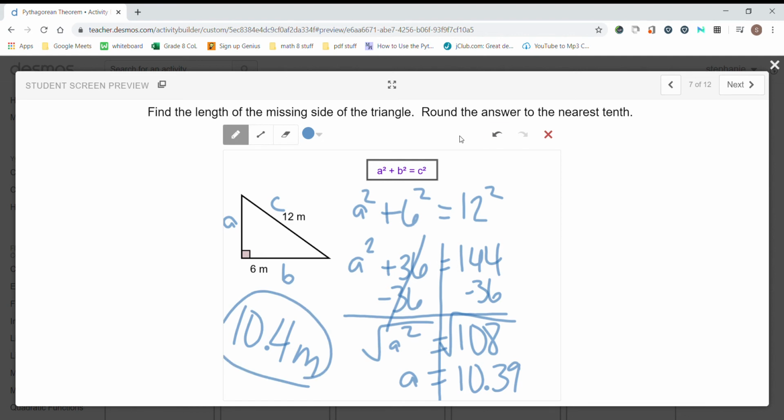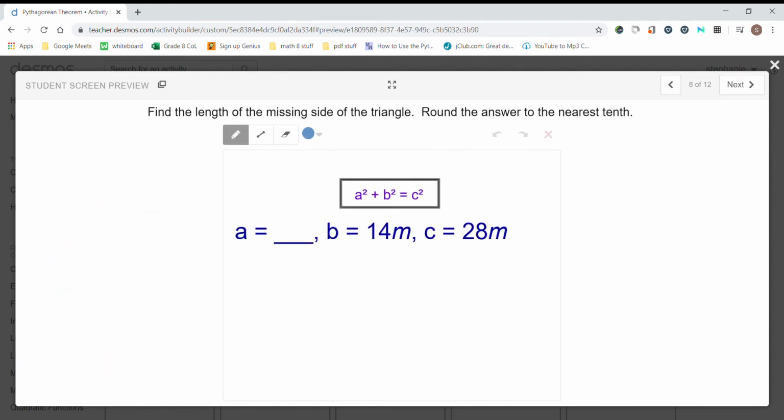We're going to practice a few more of those. So here I'm missing A again. So I'm going to have A squared plus, well, B is 14, so 14 squared equals 28 squared. 14 times 14, and I am using a calculator for this, guys, so please, if you need to grab one, use your phone.